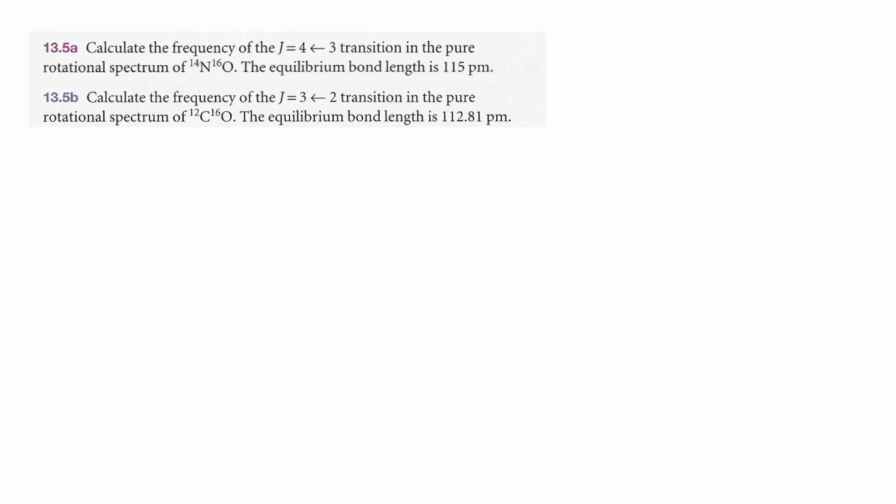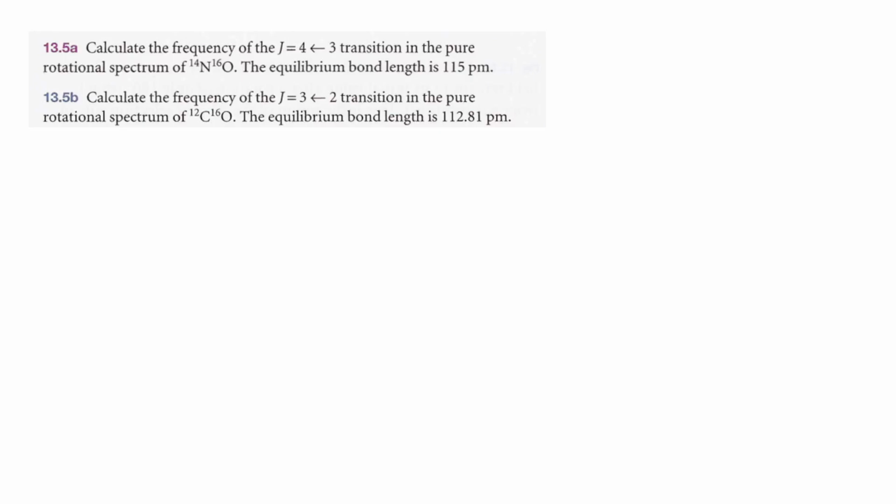These are very easy, but I have two sets of questions. One set I will solve, and the other set is a homework or assignment for you to solve yourself. The first question is: calculate the frequency of the J 3 to 4 transition.